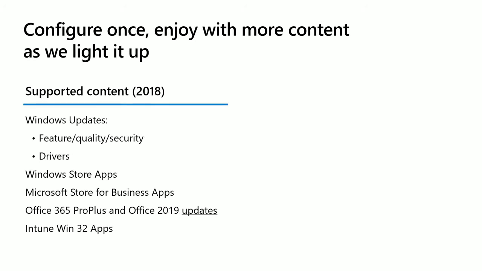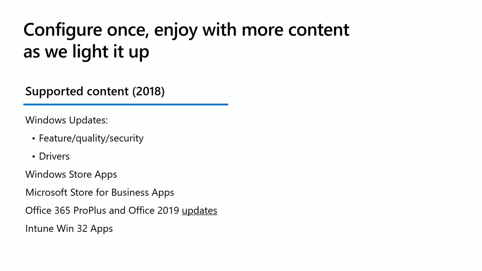The content that we support today is really any content that comes from the cloud. If you're allowing Windows updates and drivers to be Microsoft managed and pushed directly from Microsoft, you're already using it for that purpose. But other content that for sure you've seen downloaded to your devices is Windows Store apps. All the inbox apps that are in Windows are leveraging this as well.